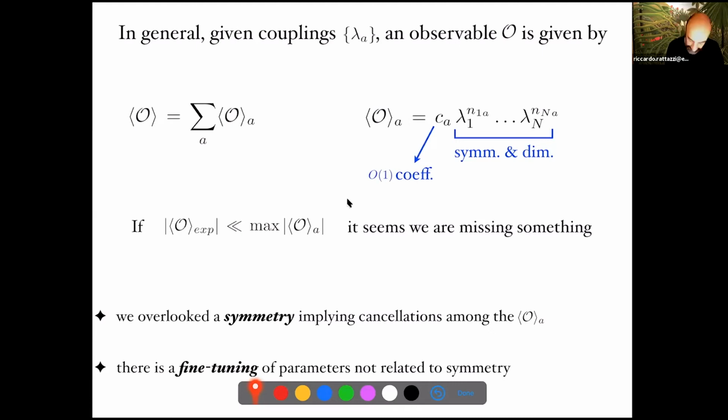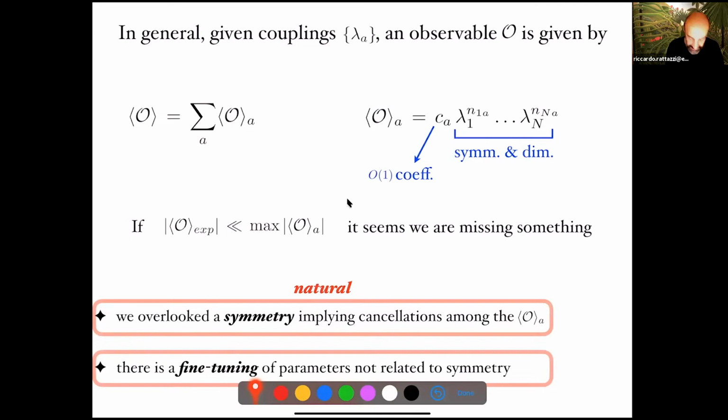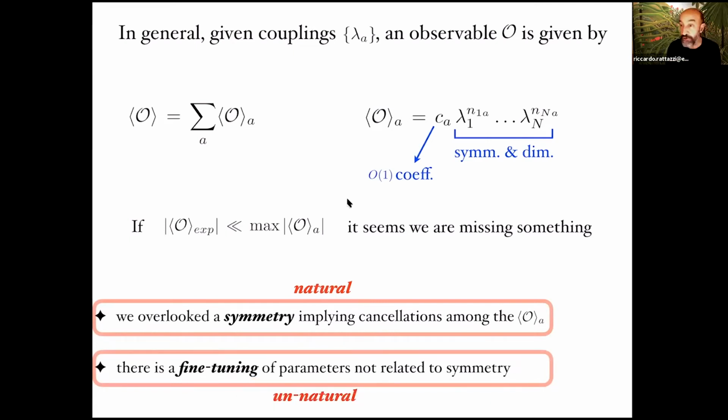It is the nomenclature of particle physicists to call the first situation, where it is the symmetry that tells you what's going on, natural. The second situation, which is still possible but atypical, we call unnatural. These are the two main ideas.